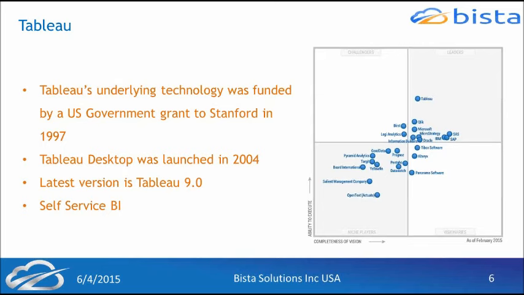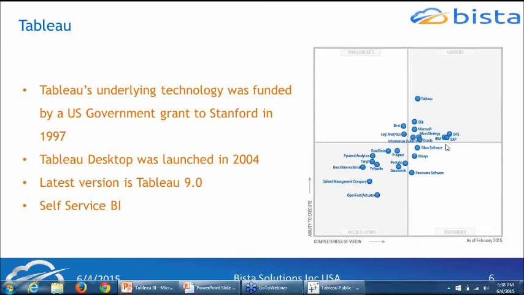Even Tableau Server has a lot of functionalities if you want to restrict to only a few people, they will be able to see those subsequent views that have been shared with them.